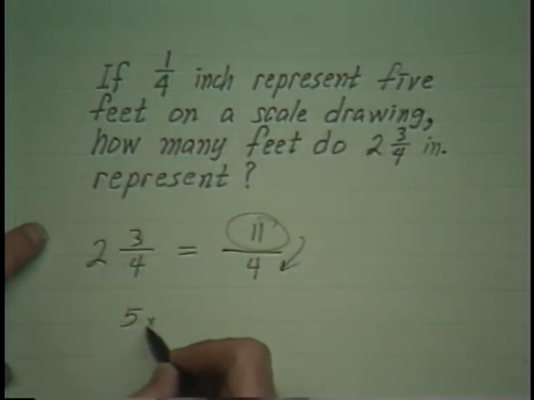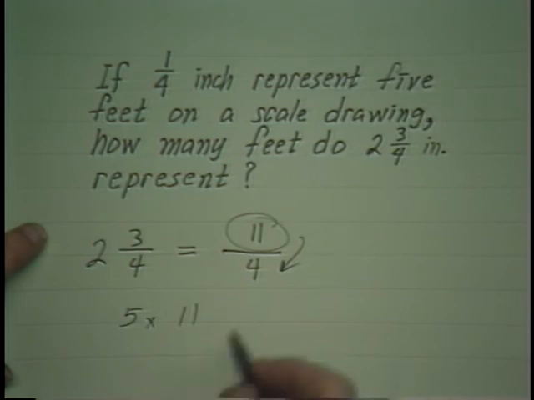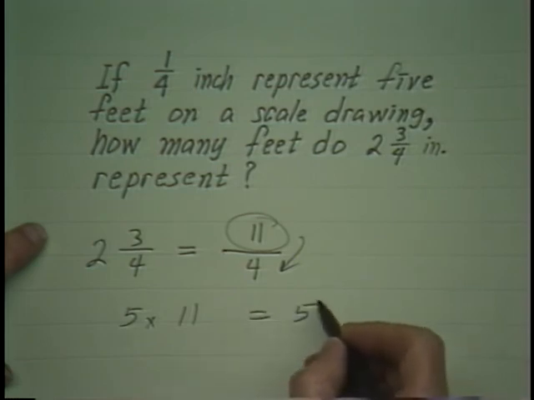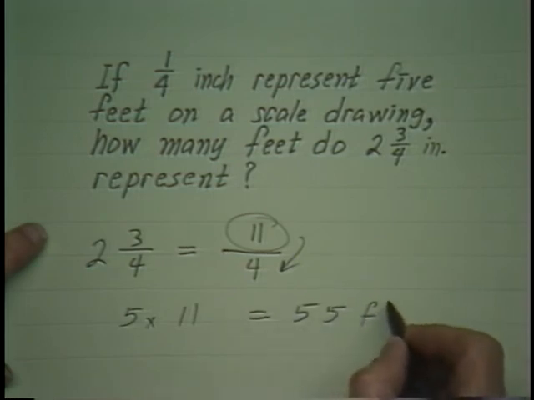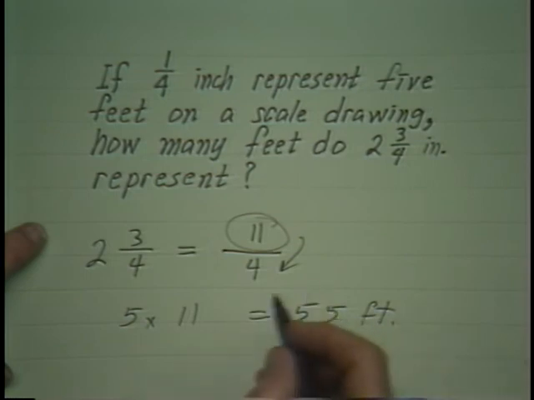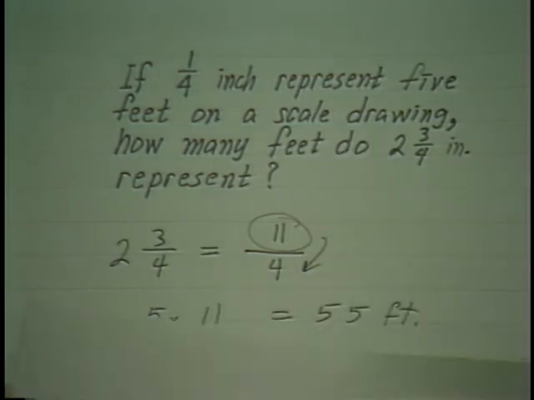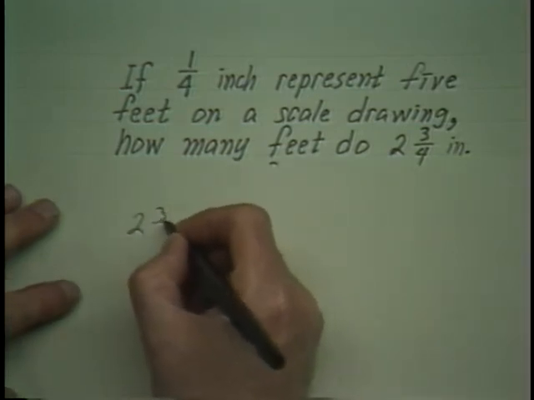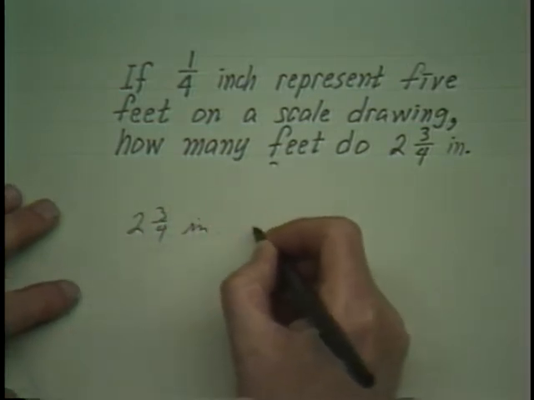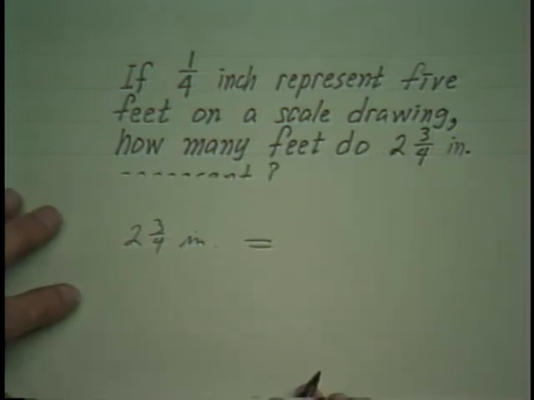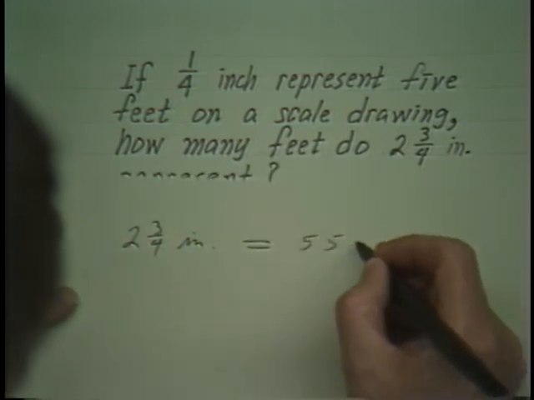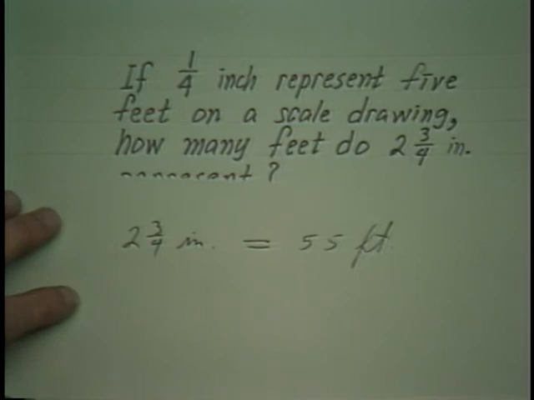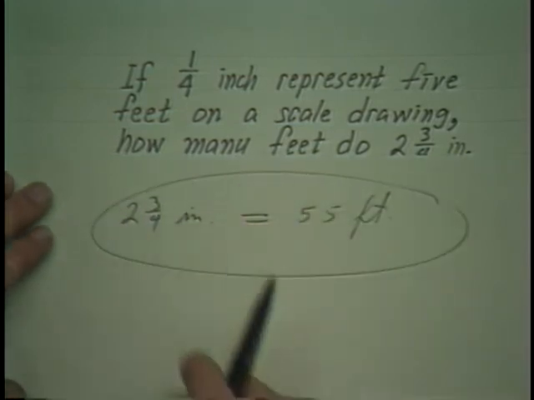So 5 times those 11 1/4 inches gives me 55 feet. So we could state here that 2 3/4 inches represents the same distance as 55 feet, apparently on a map scale.